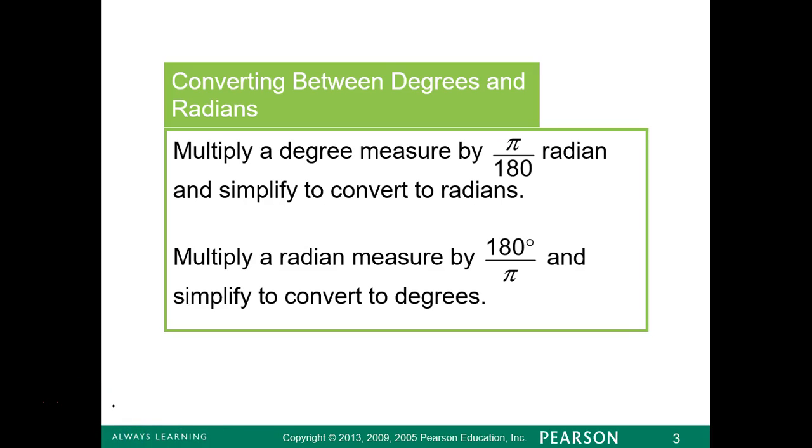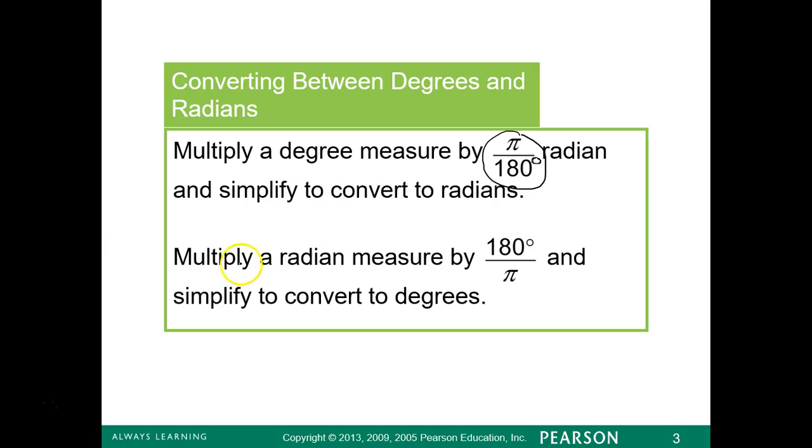To convert between degrees and radians, this is how you do it. If you're given a degree measurement and converting it to radians, multiply the degree measure by pi over 180 degrees, and then simplify to convert it to radians.